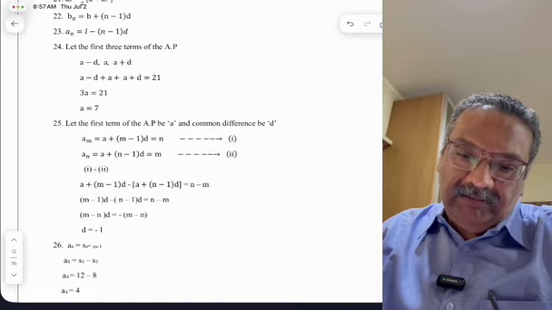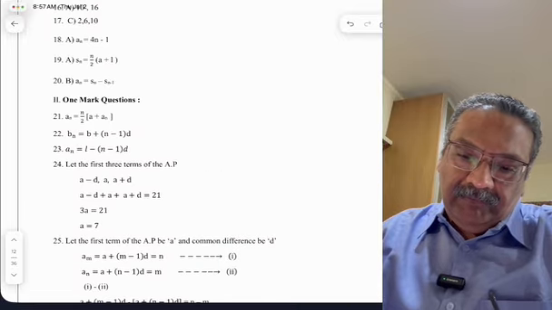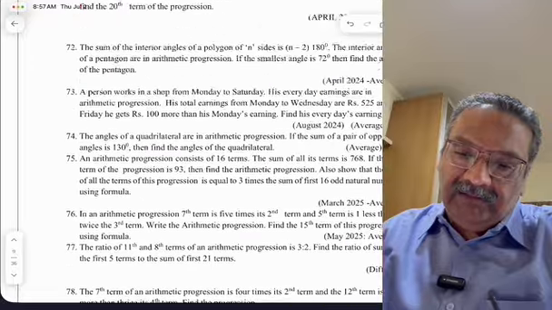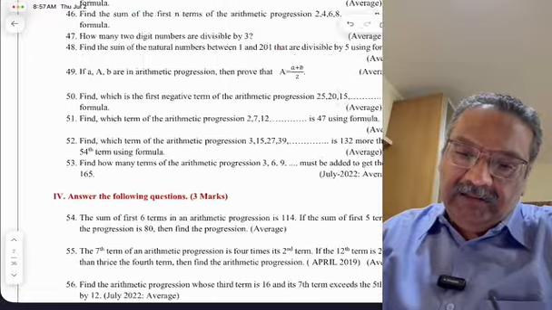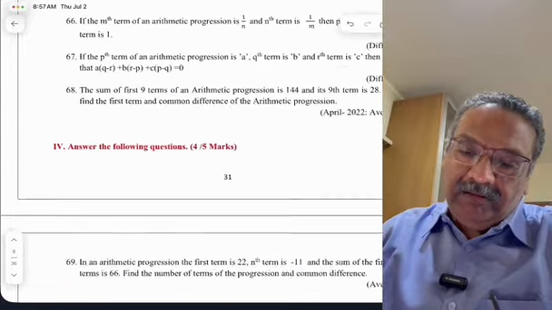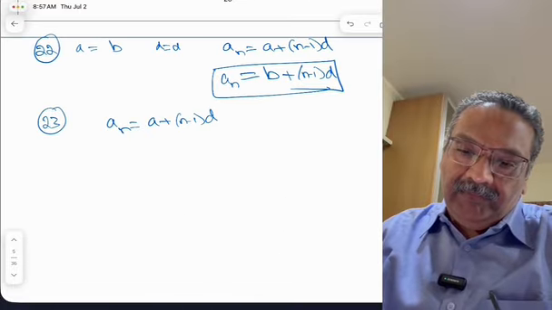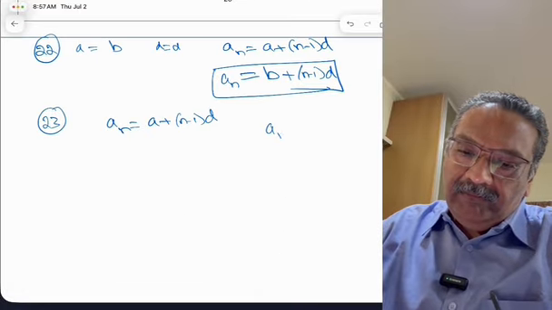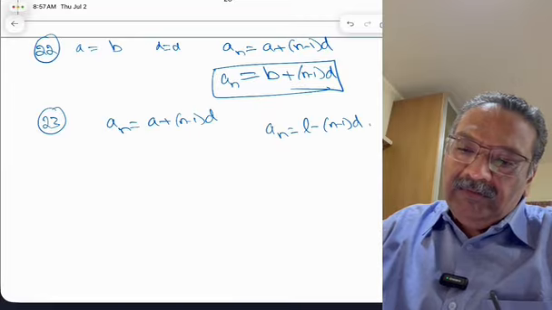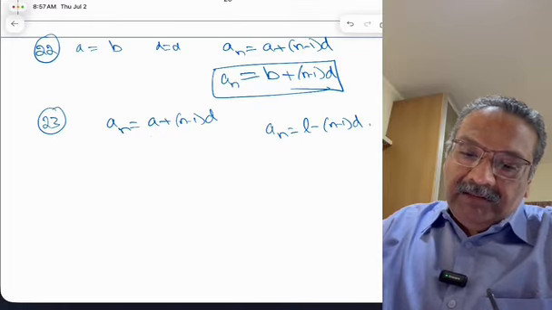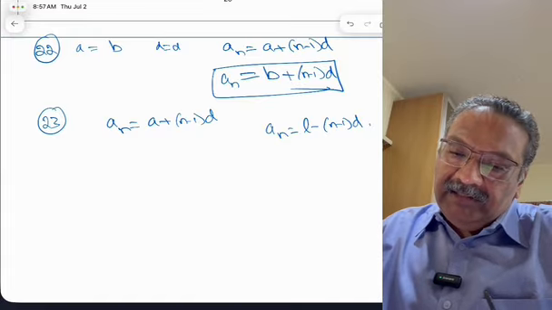23rd. He says An is L minus n minus 1 D. See, the last term is nothing but a plus n minus 1 d.